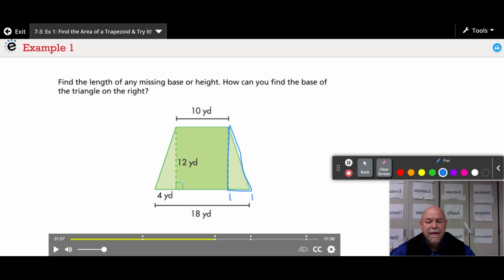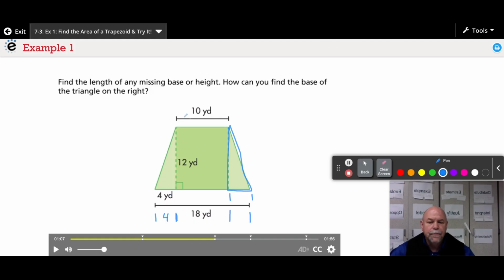Well, if this is a perpendicular line and this is a perpendicular line, from here to here is 4, according to this. And then the whole thing is 18, from here to here. So what does this have to be so that it all equals 18?